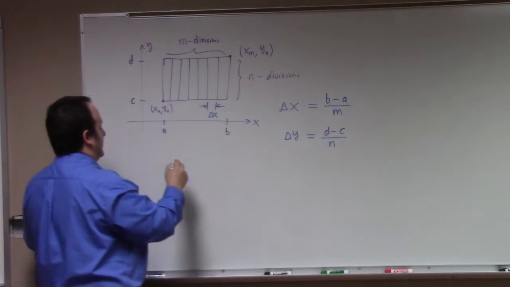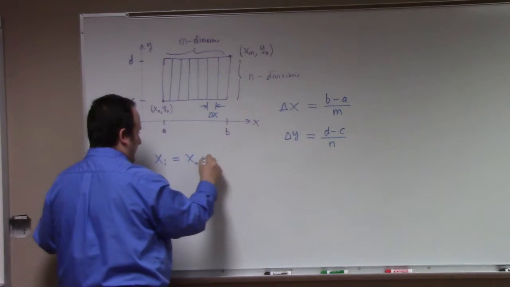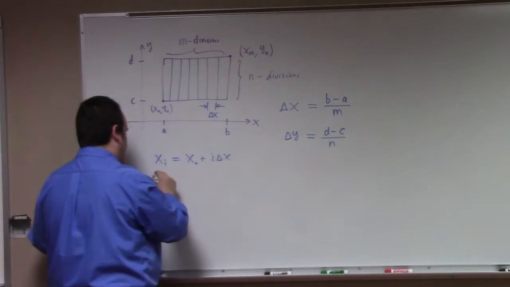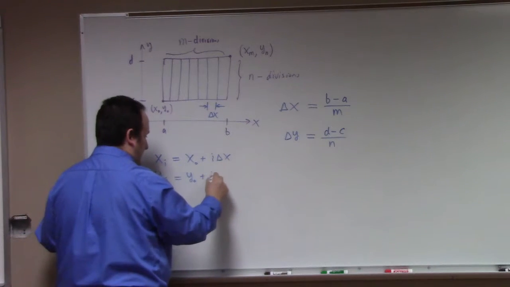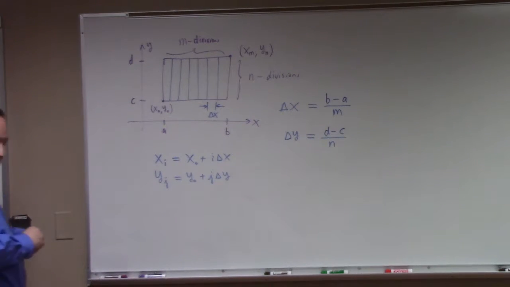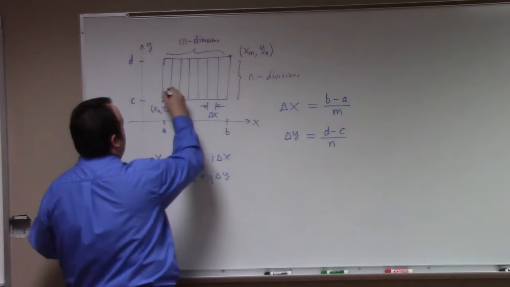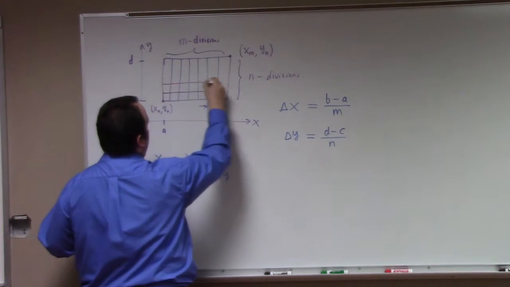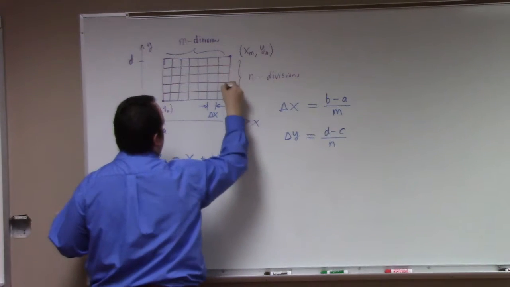And to be more explicit, we could say x sub i is equal to x sub naught plus i times delta x, right? And we could say y sub j is equal to y sub naught plus j times delta y. And that's how we would explicitly build this grid of points, all right? These are supposed to be equal divisions for the sake of my setup.